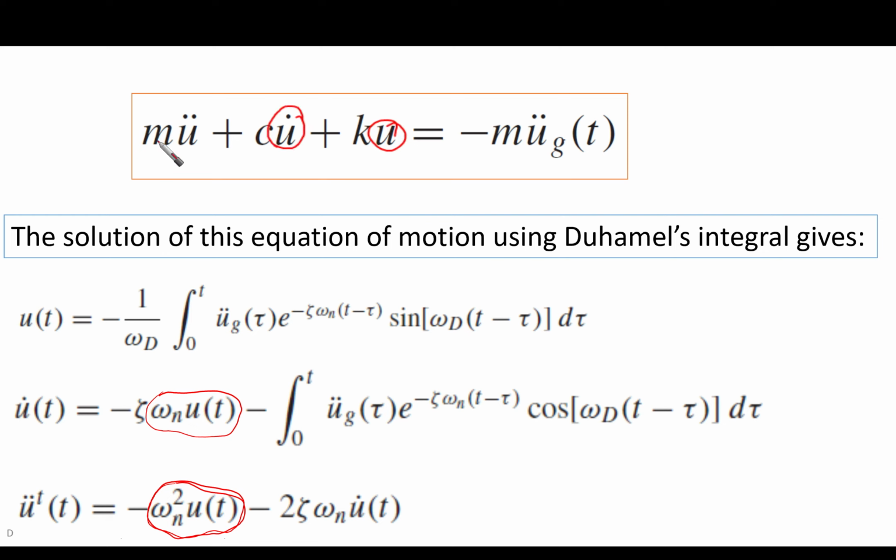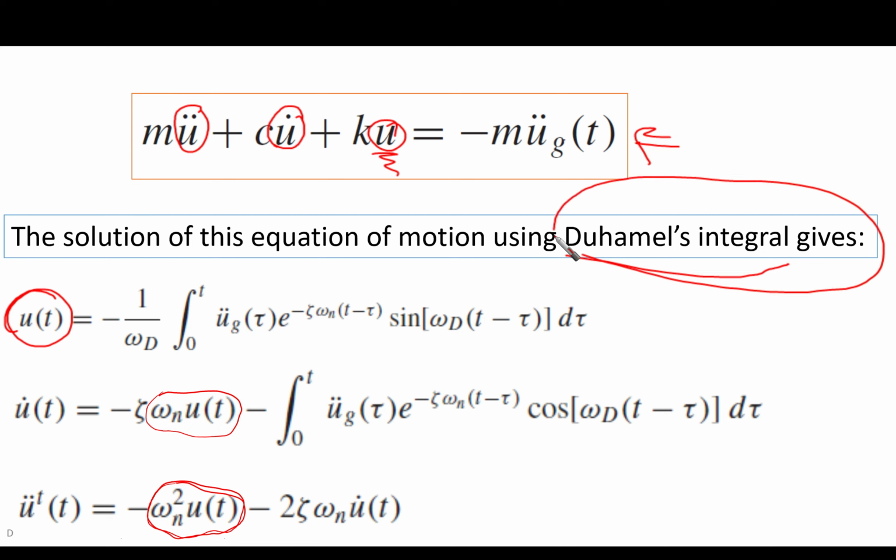Generally, in differential equations, we try to find a solution for u of t. This equation can be solved using Duhamel's integral. Again, you can revisit the previous videos for understanding the solution. Here, this is the solution.